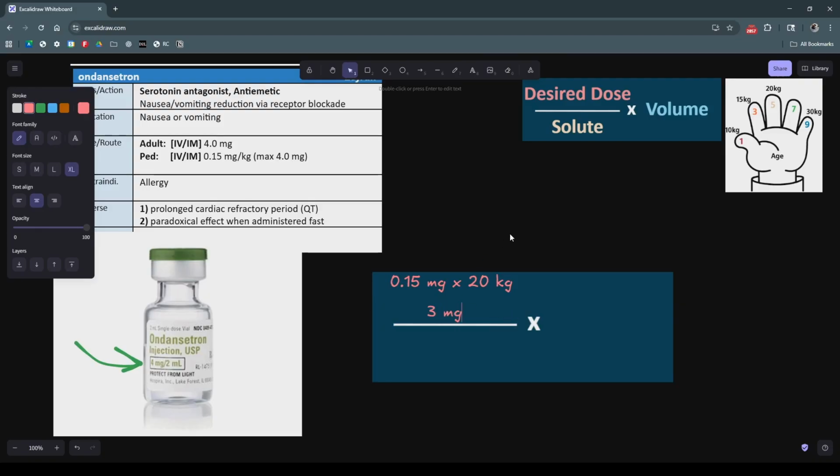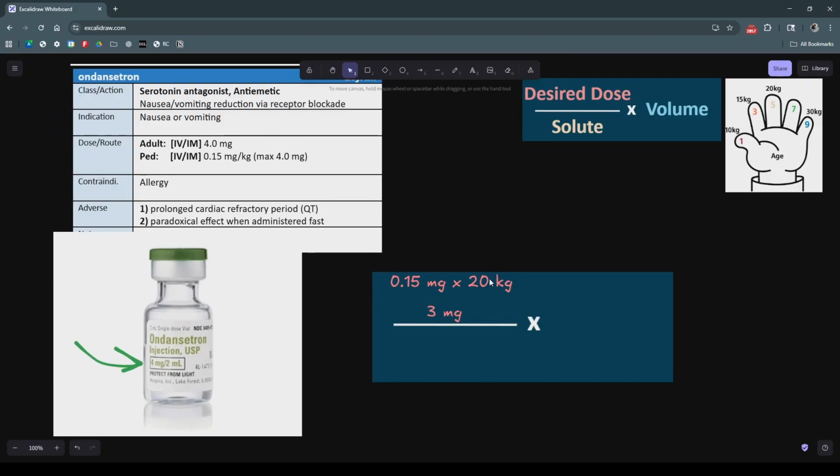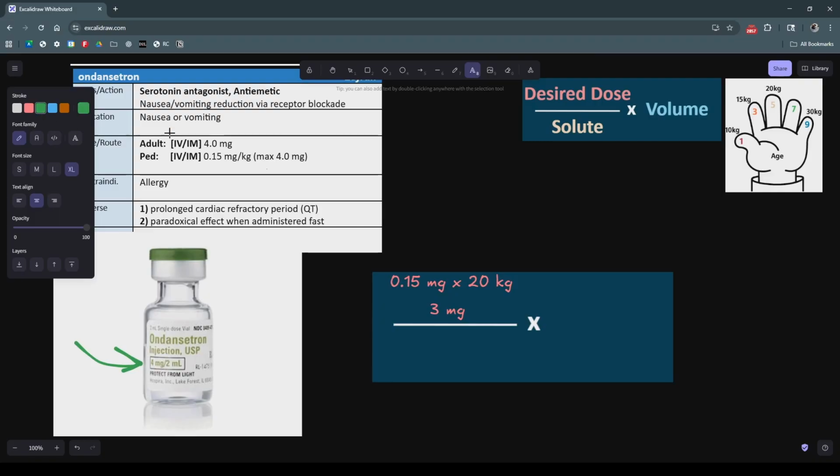If it were a 9-year-old or slightly older and it capped out at like 4.5, obviously we're not going to want to go above the adult dose. So anyways, our desired dose is 3 milligrams, and because it's weight-based, we had to do an extra calculation step in there. But our concentration hasn't changed at all. It's still 4 milligrams in 2 milliliters, right?